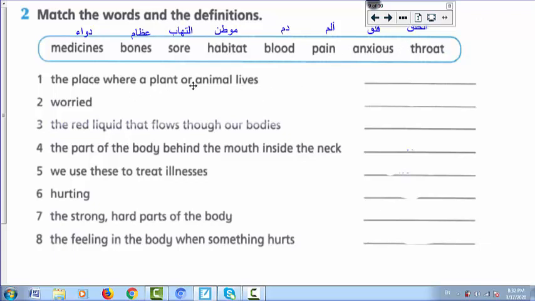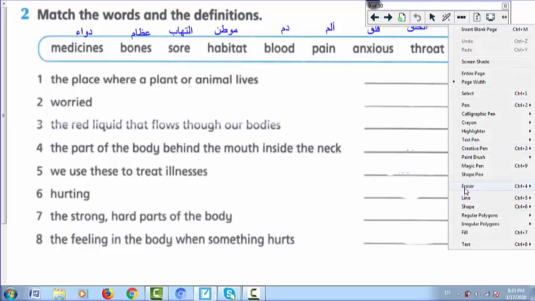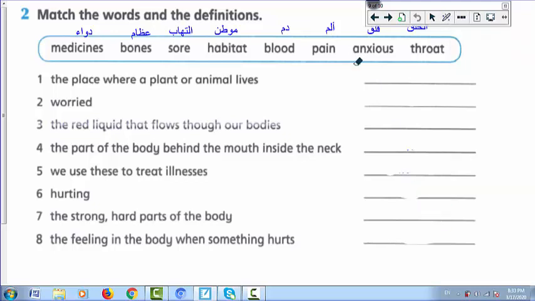The place where a plant or animal lives, it is habitat. Worried, it means anxious. The red liquid that flows through our bodies, it means blood. The part of the body behind the mouth, inside the neck, it means throat.